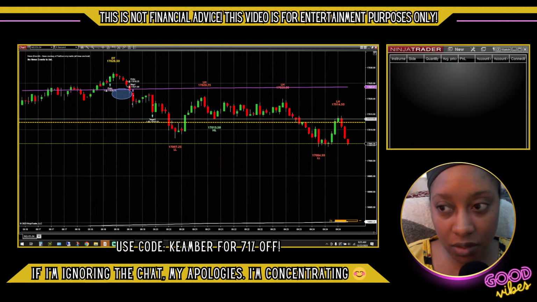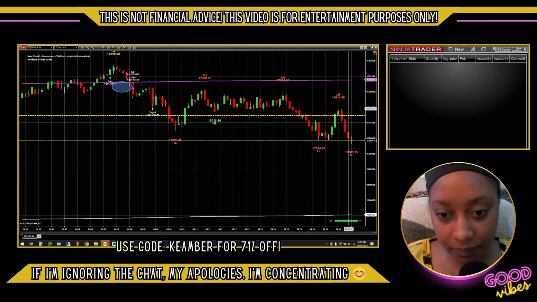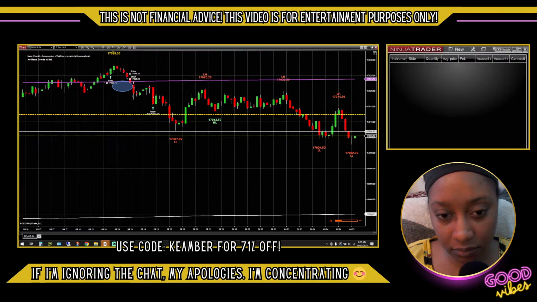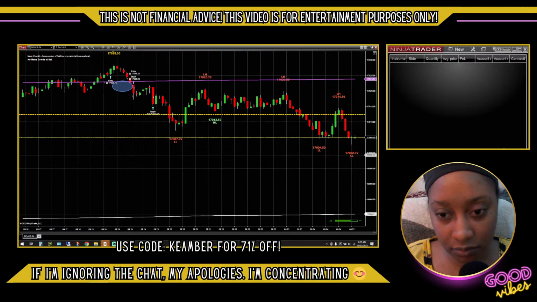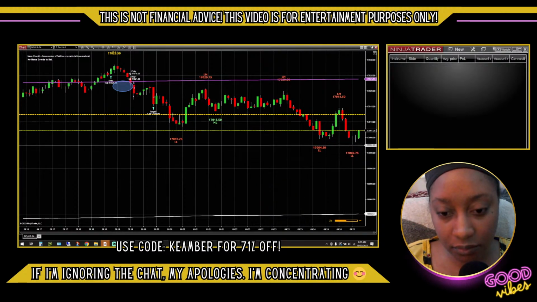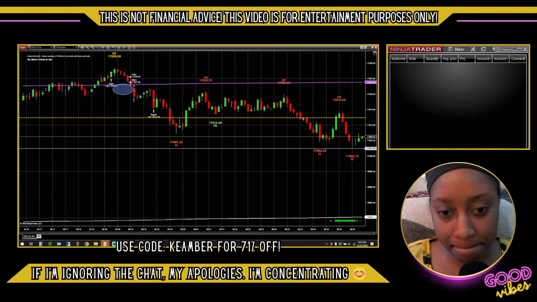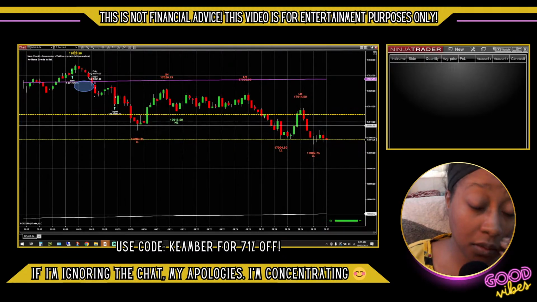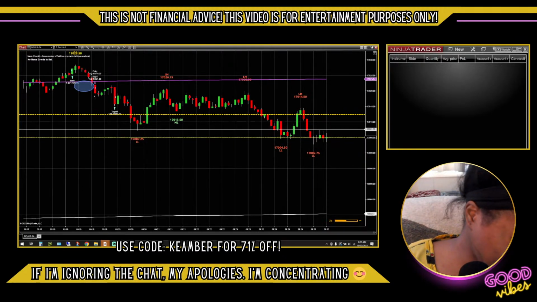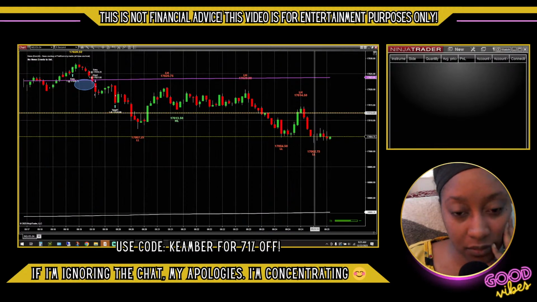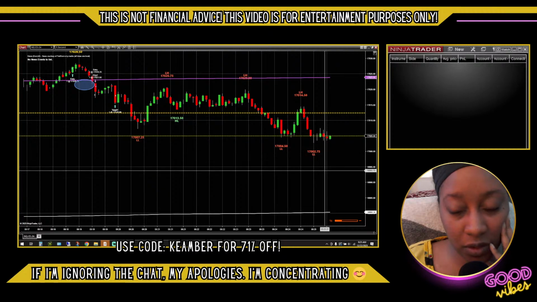That literally almost closed. I need it to come down a bit further because what I don't want is to get into the buy and then immediately have to close it because the entry would be too close to my major level.